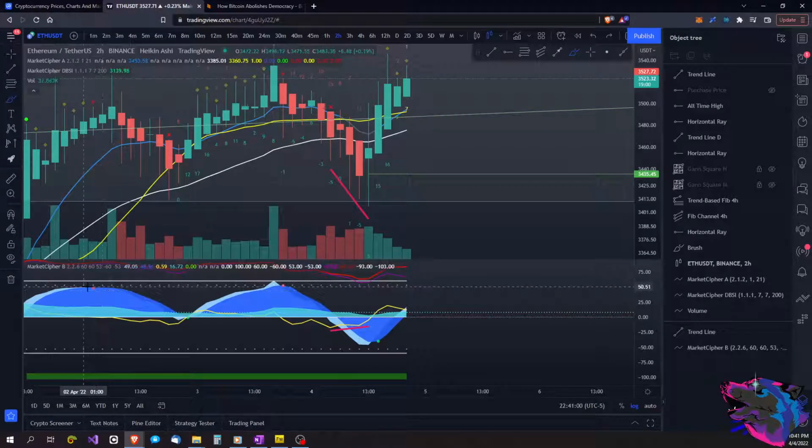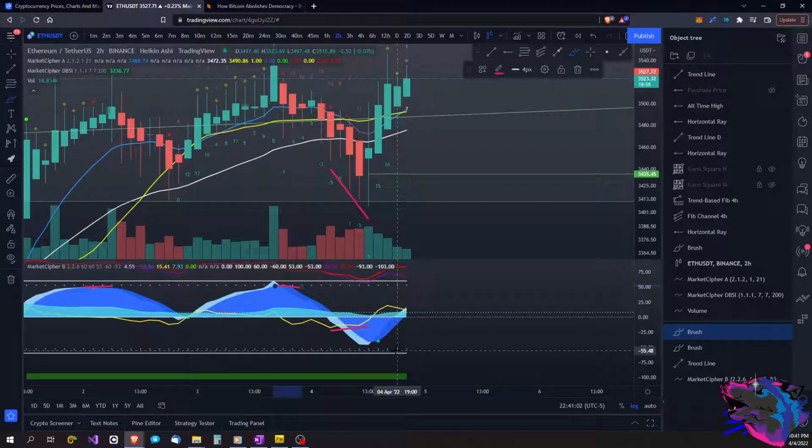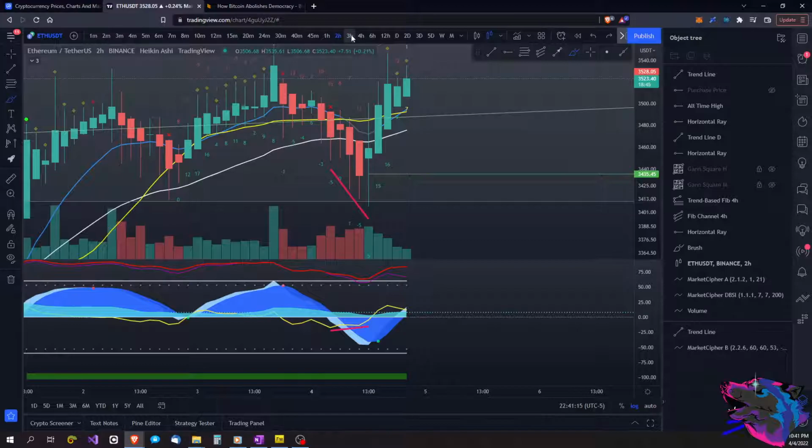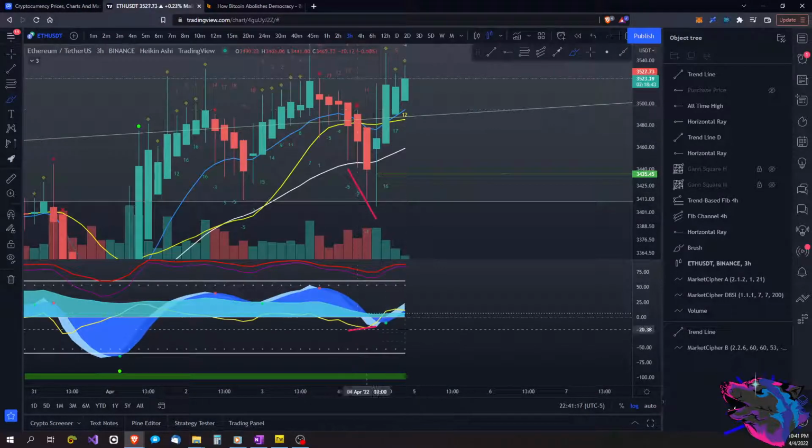It's got to be between blue and blue, or dark blue and dark blue, or you could do light blue and light blue, I suppose. Don't quote me on that. I haven't actually tried that yet, but it seems like it makes sense. If we continue up to the 3 hour, okay, we've lost our VWAP divergence. It's just one solid little dip at this point.